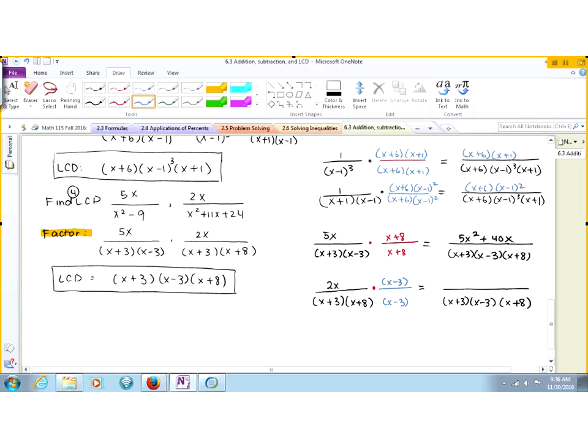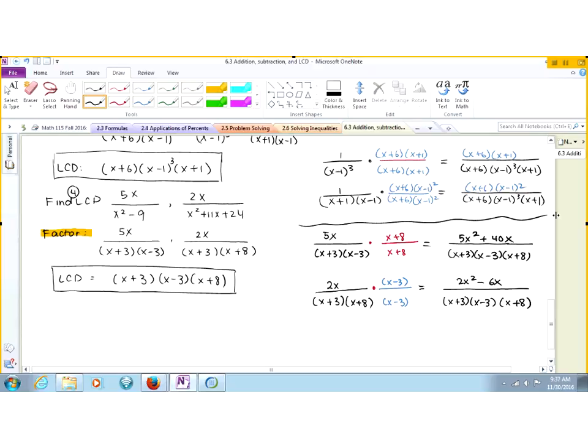X minus 3. So what do we have? 2x squared minus 6x. Done. Yeah. Isn't it easy? I mean, doable. Probably not easy and probably long, but doable? Yeah, doable, right? Good.